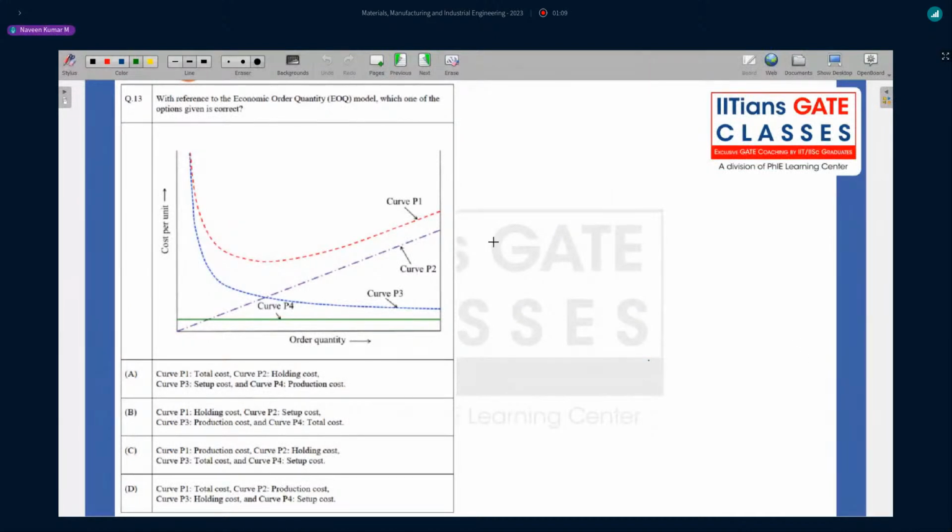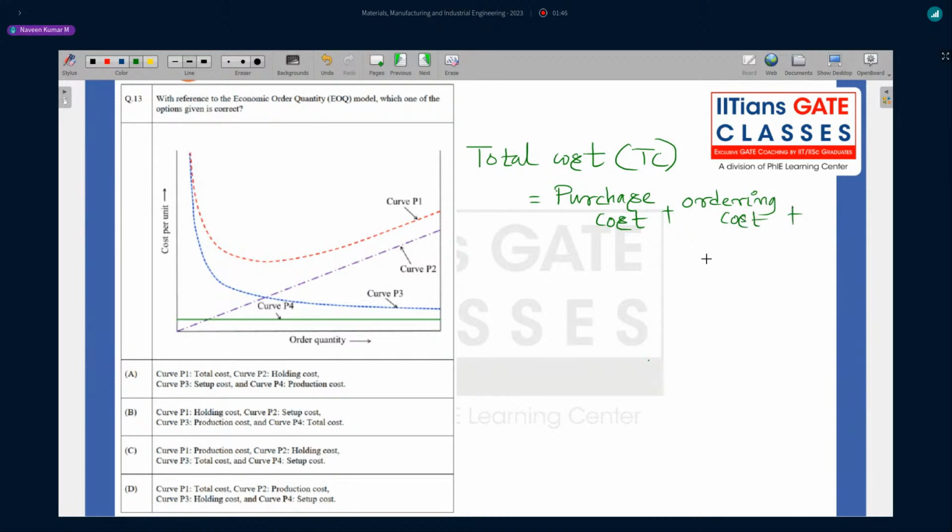If you remember, we have seen that in EOQ, in inventory control, the total cost is equal to purchase cost plus ordering cost, and the last one was holding or carrying cost.